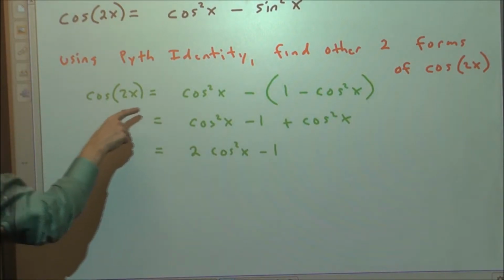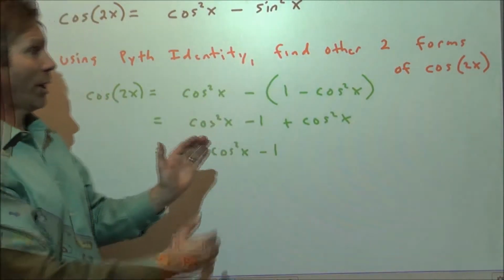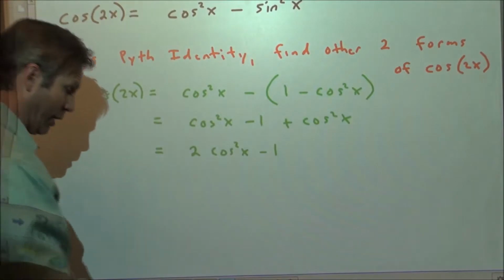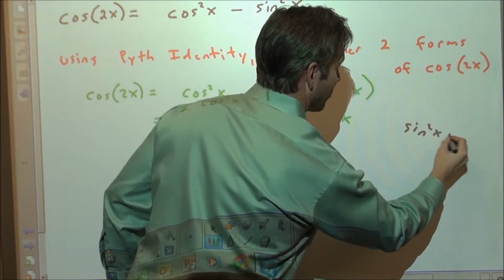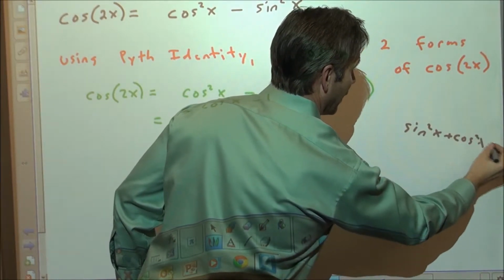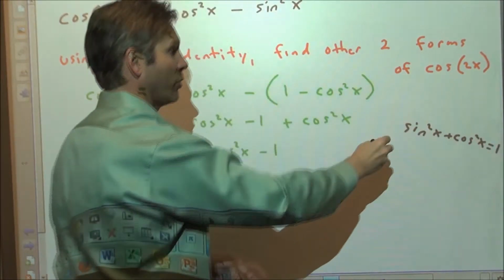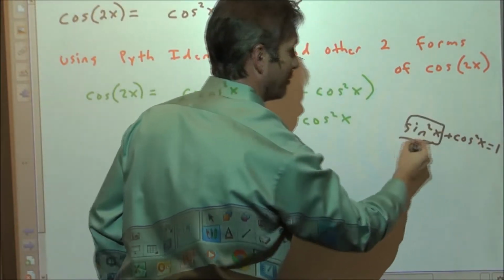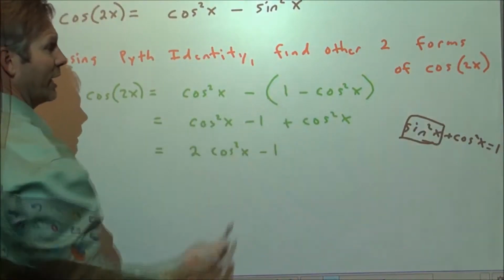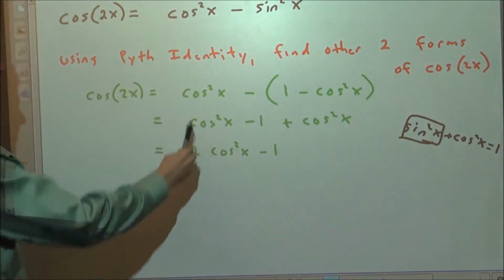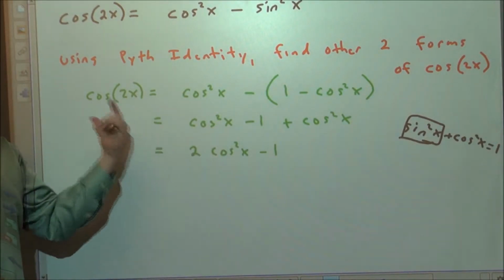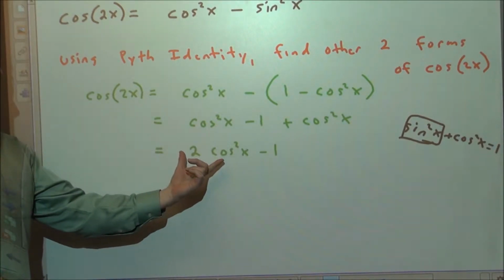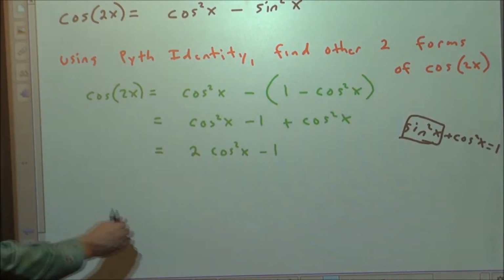If we say that we could replace sine squared with 1 minus cosine squared, because we know that sine squared x plus cosine squared x equals 1, so sine squared would have to equal 1 minus cosine squared x. So if we make that replacement and we do the math, then we say, oh, this is how we get that the double angle for cosine is also equivalent to this one right here.